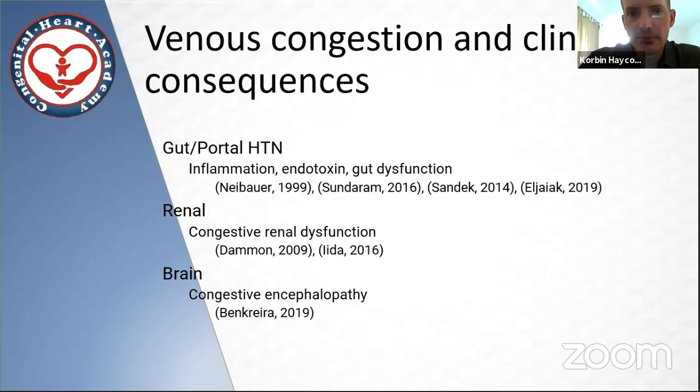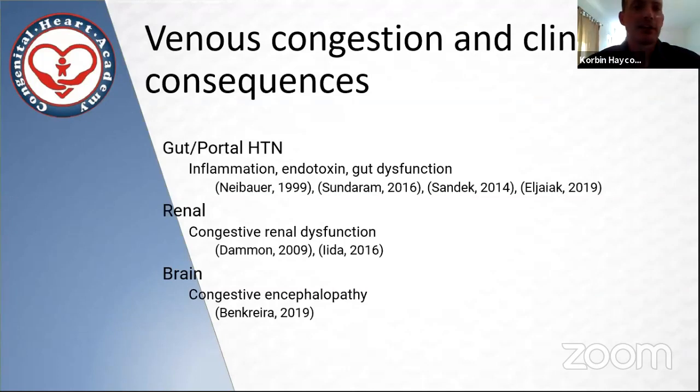Remember that the driving pressure is whatever the pressure is on the capillary arterial side of the vessels, and the higher the pressure is on the venous side, the lower the flow is going to be through there. So this actually is a real clinical entity with significant consequences.